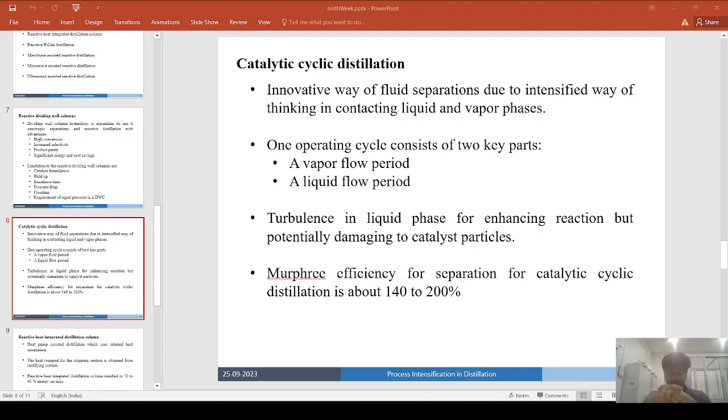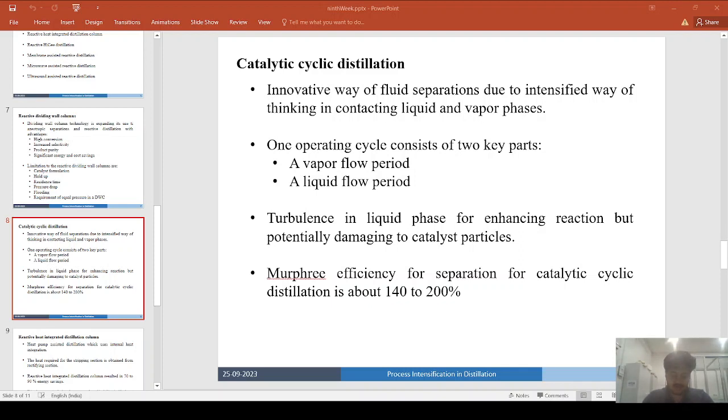Moving parts are generally prone to damage. So you need to keep in check the range of flow rates that those moving parts can handle. You need to run the catalytic cyclic distillation tower only under those conditions if you do not want to harm your moving parts.